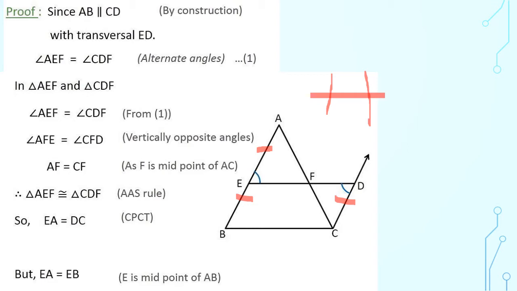Therefore, we have a pair of alternate angles. Which are those angles? AEF and CDF. Here it is given, this one and this one. These are alternate interior angles. As you can see here, I have drawn these two. So this one and this one.